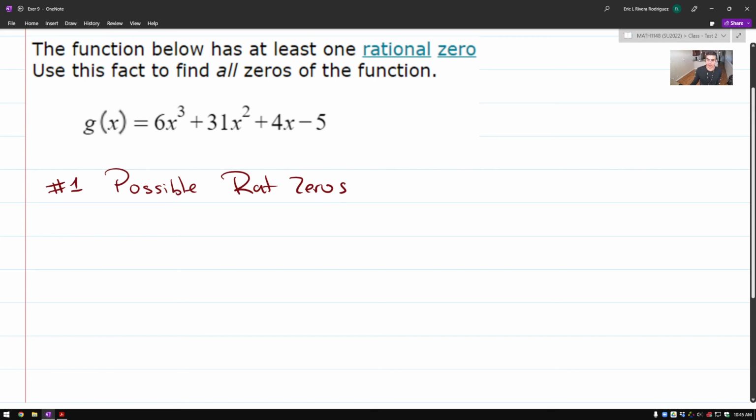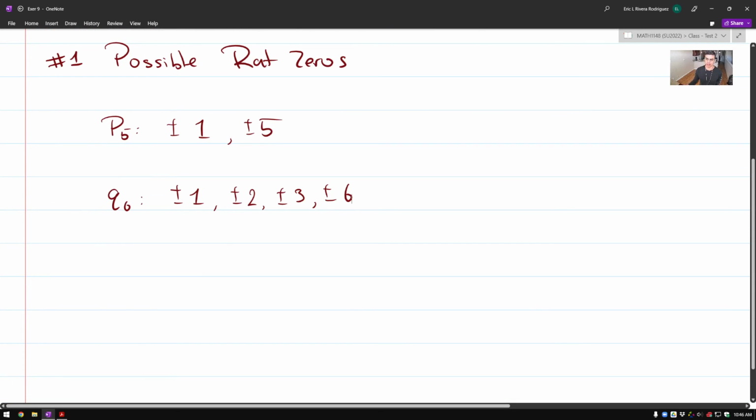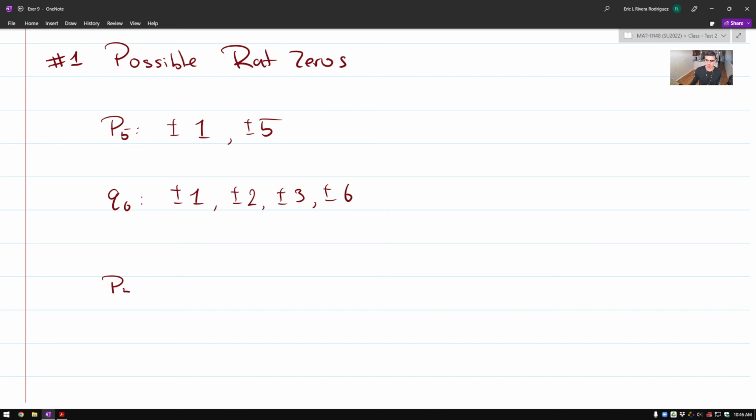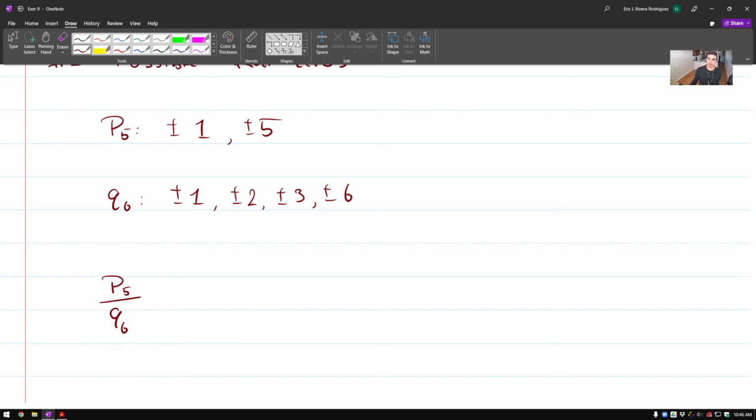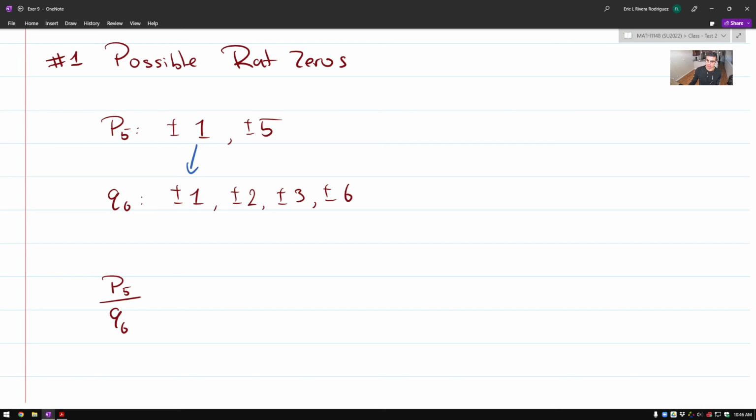Okay, and for doing that, we need to find the factors of the constant value, which is 5, and the factors of the leading coefficient, which is 6. With this, we need to create the list of possible rational zeros, and we are going to do that by combining these numbers.